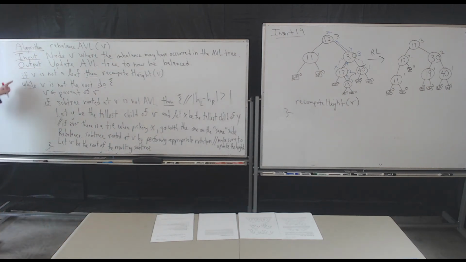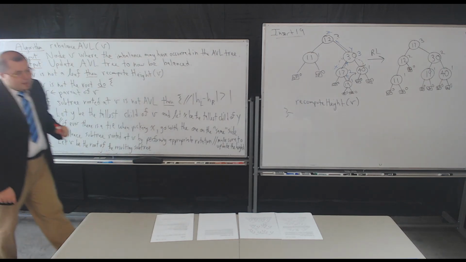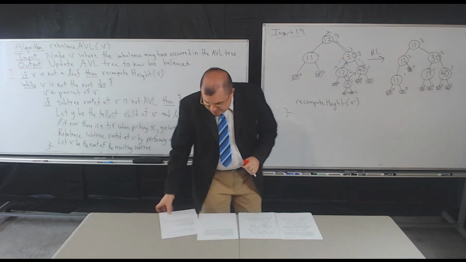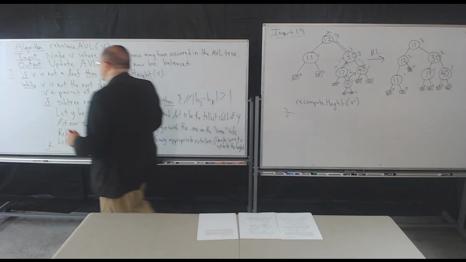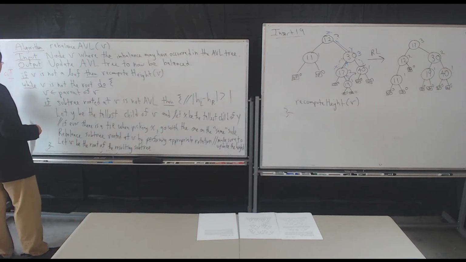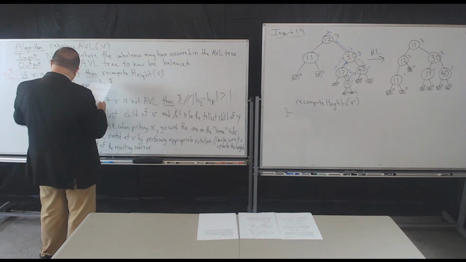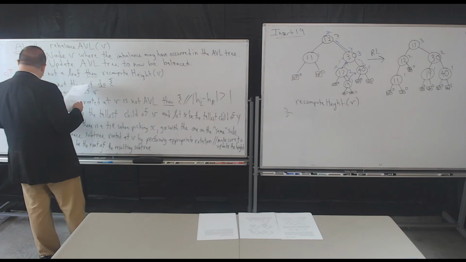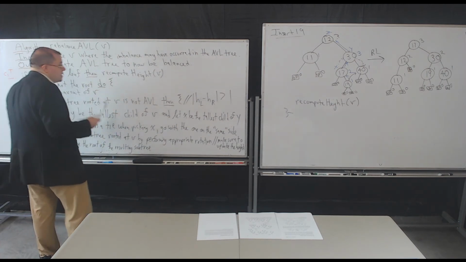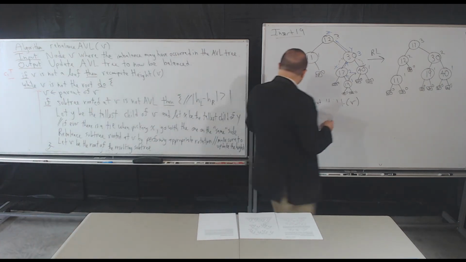Okay, so if it's not a leaf, this clearly takes constant time, right? That is some constant, I'll just call it C1. So this is C1 here. Okay, how about this? What's happening inside of all of the while loop's body? So all of this, including here.